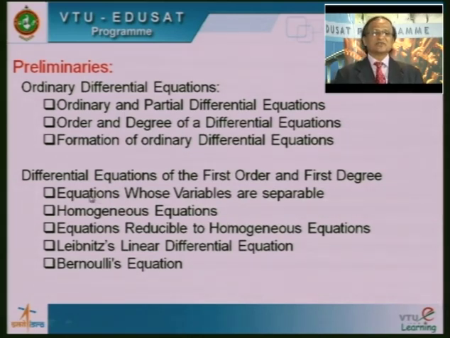You are already familiar with all these methods. Suppose equations whose variables are separable. It means they have given a differential equation and I am able to write all the variables on one side. Variables on one side means functions of x and dx on one side, functions of y and dy on the other side. Then you may call it variables separable.